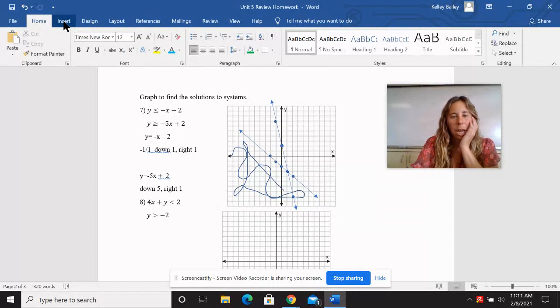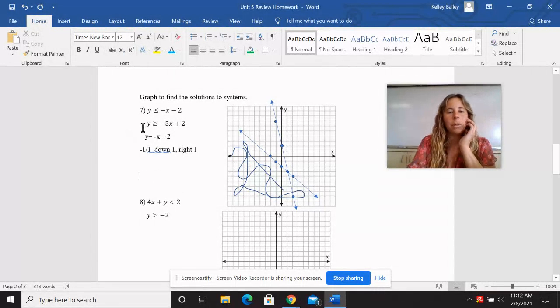So now let's shade for our second line. So once again, the point 0, 0 is not on the line, so I'm going to use 0, 0. Okay, so we're going to substitute 0, 0 into the second equation. So y is 0.